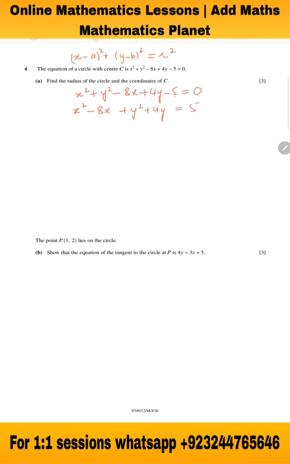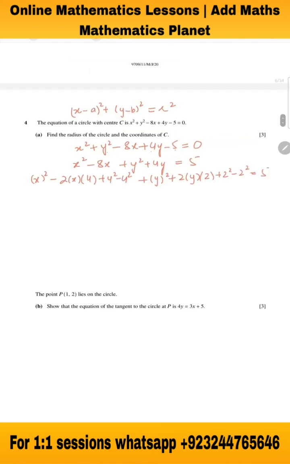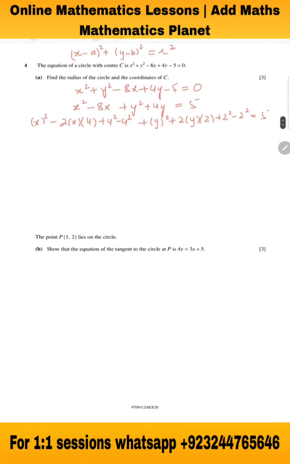So by the completing the square method, we will get a square minus 2ab, that is 4, plus 4 square minus 4 square, plus a square plus 2ab, that is 2, plus b square minus b square, which is equal to 5. So a square minus 2ab plus b square will give us (a minus b) whole square minus 16, plus (a plus b) whole square.